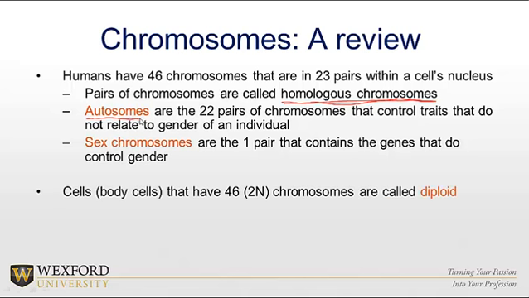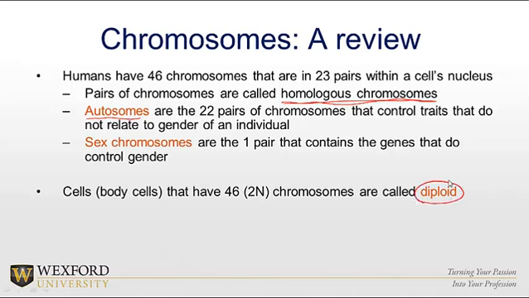Now, body cells, normal body cells, the vast majority of cells in your body have all 46 chromosomes, right? And those are called diploid cells. Now, very important to get this convention down.